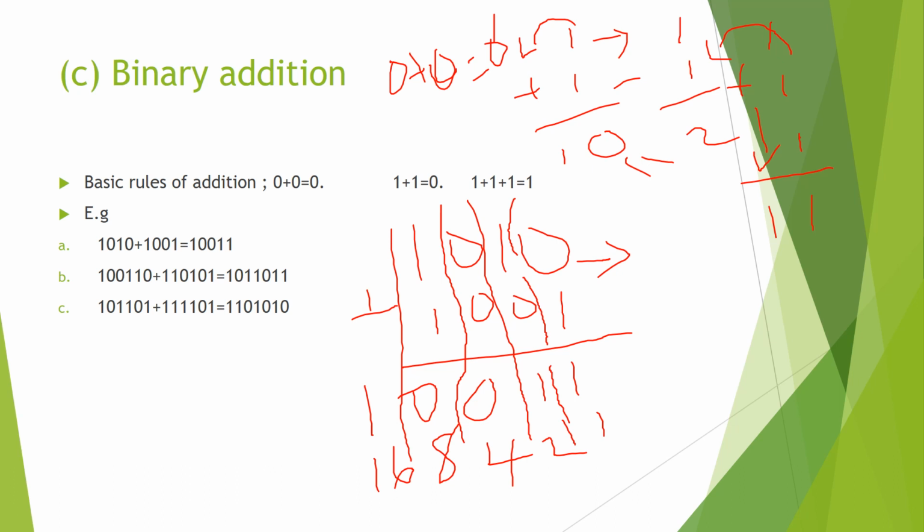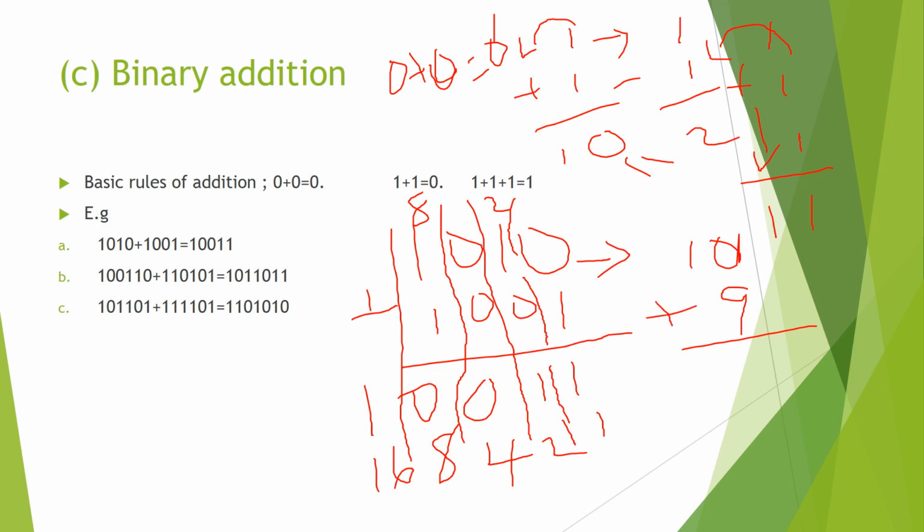So let us see the place values of this. Here we have 2, and here we have 8. If you add 8 plus 2, you get 10 as the decimal equivalent. And here we have a 1 and an 8. If you add 1 and 8, you get 9.